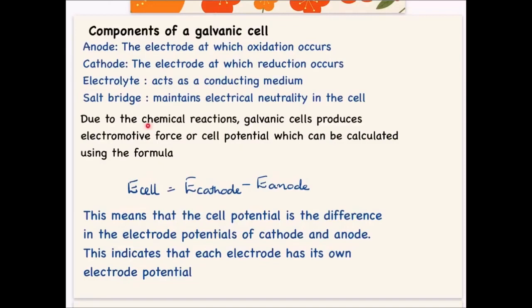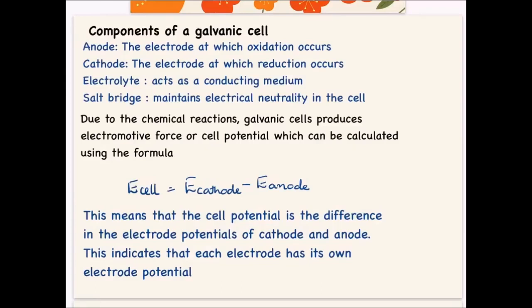Inside the galvanic cell, chemical reaction will occur, and due to the chemical reaction, electrical energy is produced. Electrical energy production leads to electromotive force or cell potential, which can be calculated using the formula: cell potential of the galvanic cell equals cathode electrode potential minus anode electrode potential.